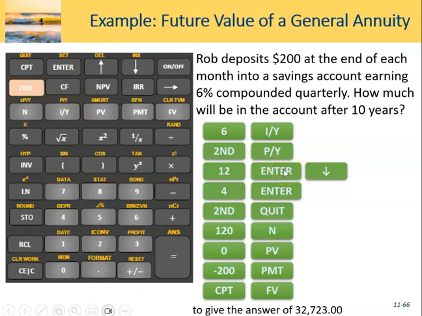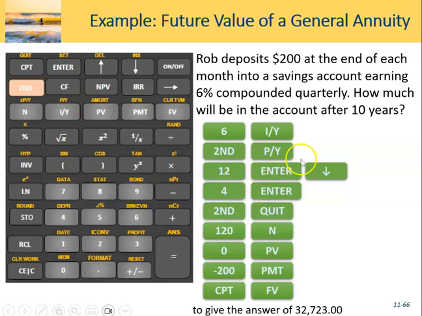enter. And then this is usually where we do second quit, but we're going to arrow down and we're going to put in 4, enter. So then our 12 is for the payments per year, and the 4 represented by the CY is for the compounding per year.